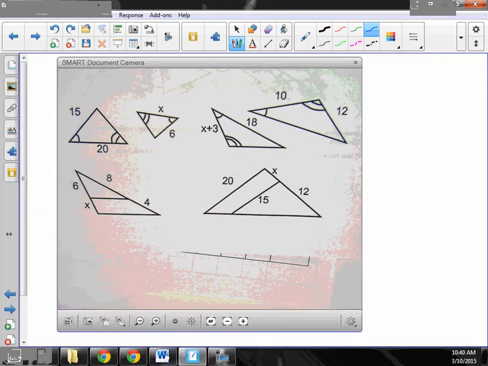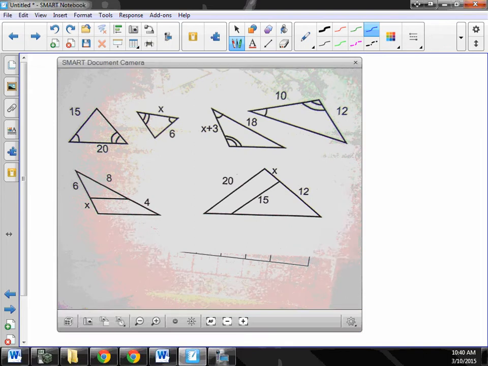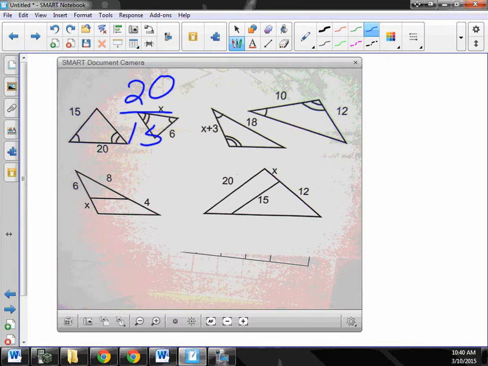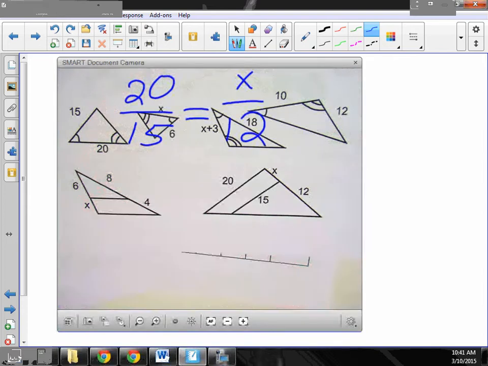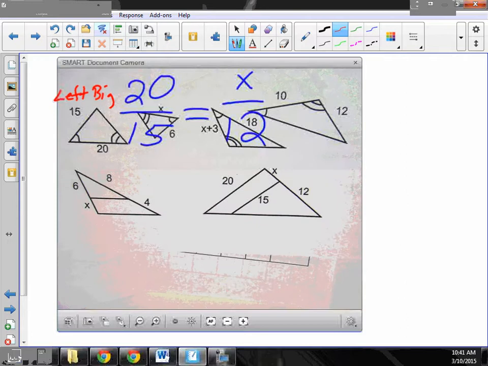Okay, this last one is tricky. What would your first fraction be? 20 divided by 15 equals... Now, a lot of you want to do x over 12, but that's not right. Let me show you why that doesn't work. So 20 is the left side of the big triangle.